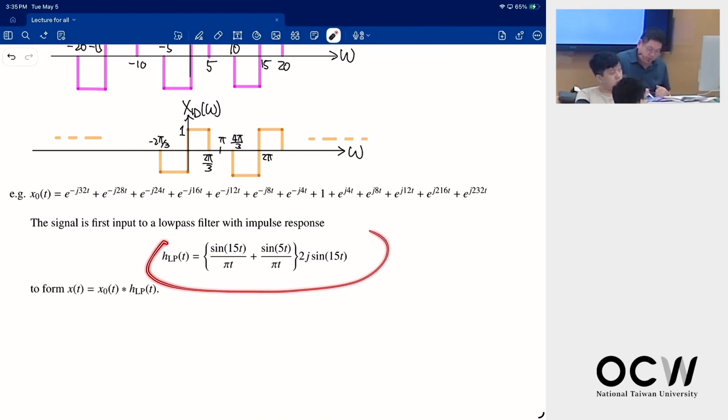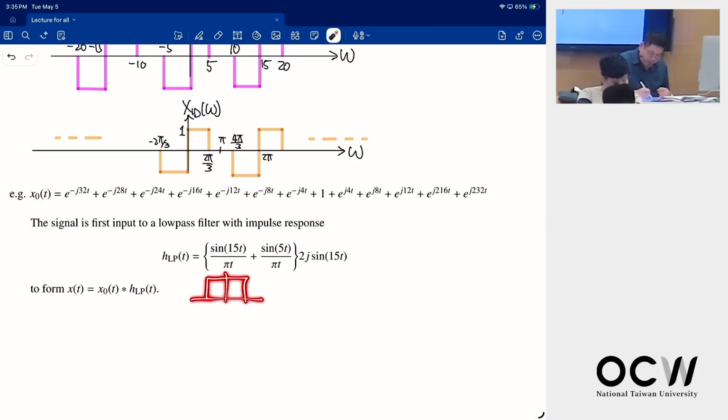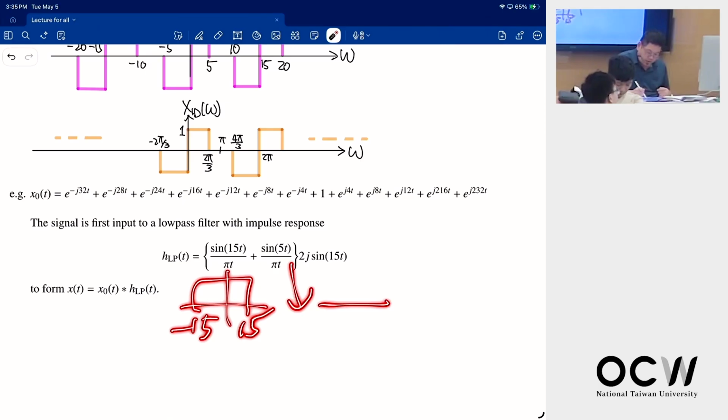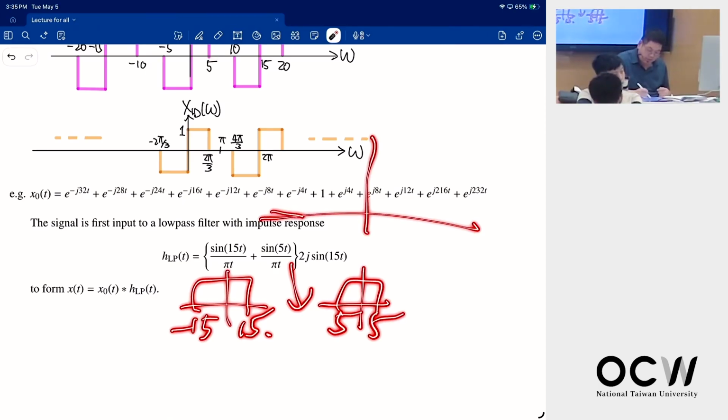So first we need to plot the Fourier transform of the low pass filter. Okay, so again, this one 15, minus 15, 15. Here you have 5, 5. So actually it should be like a step.